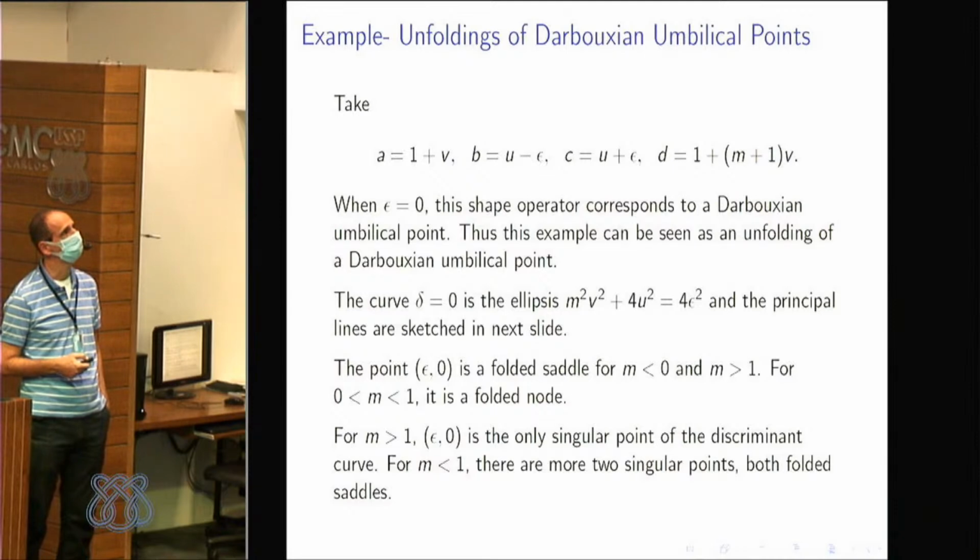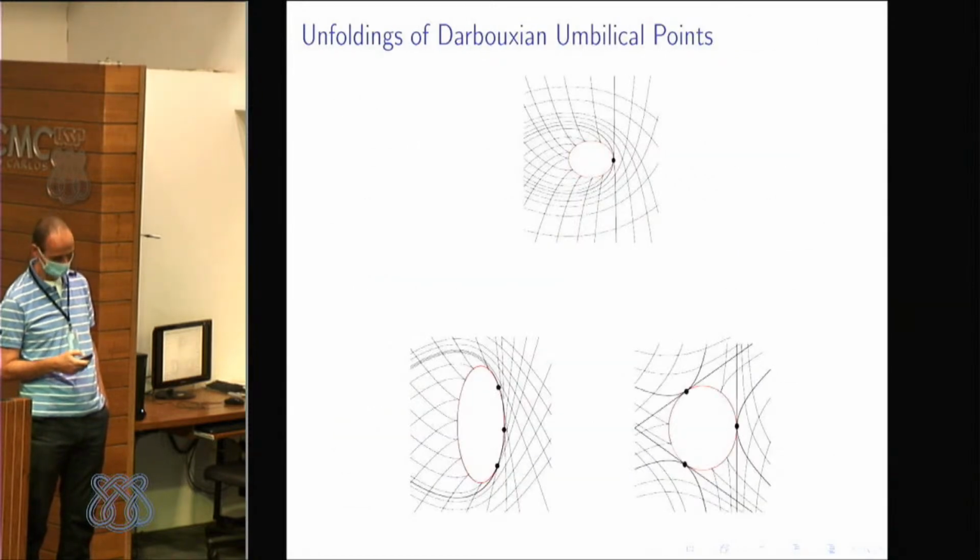The curve delta equals 0 is an ellipse, and the principal lines are sketched in the next slide. These are the 3 possible topological behaviors of the unfoldings of umbilical points.